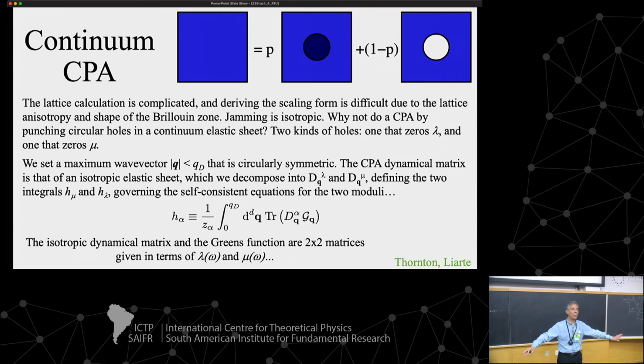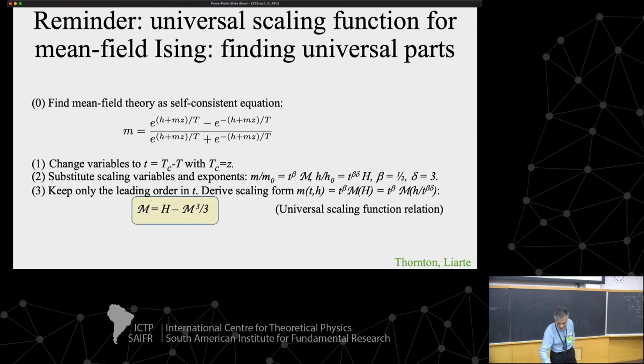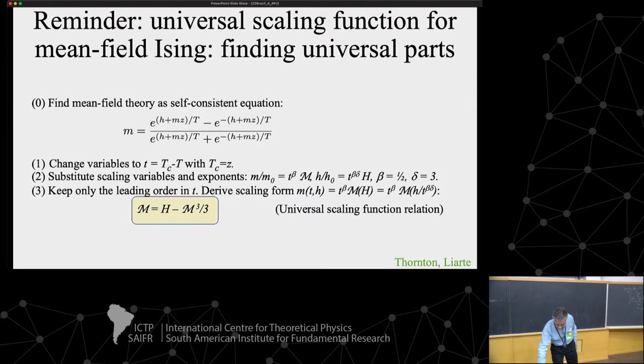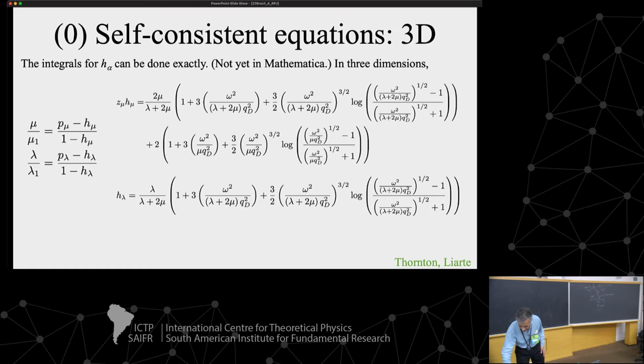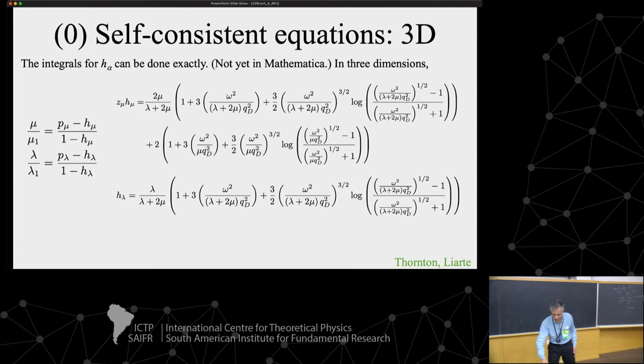Now I'm going to write down for you Steve's mean field equations. I'm going to write down the self-consistent equations that you get by doing the integrals. And you remember, that was step 1.